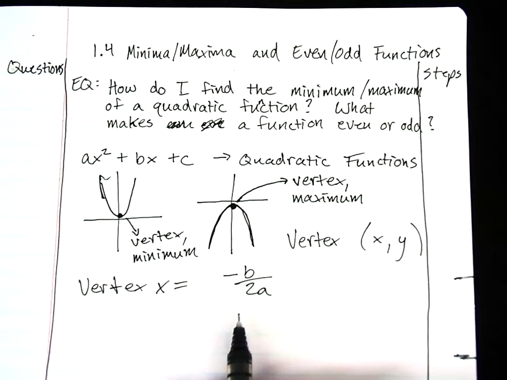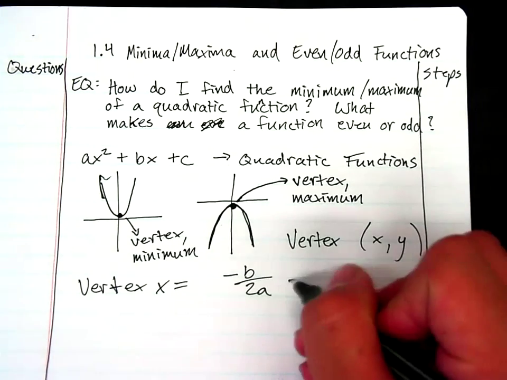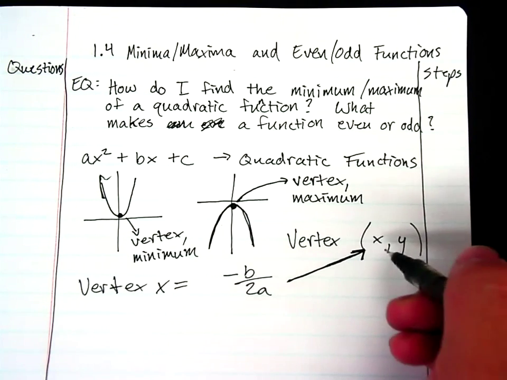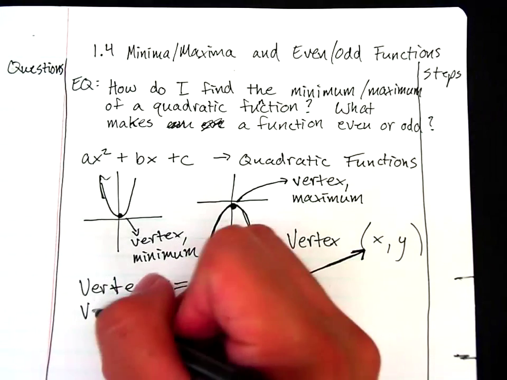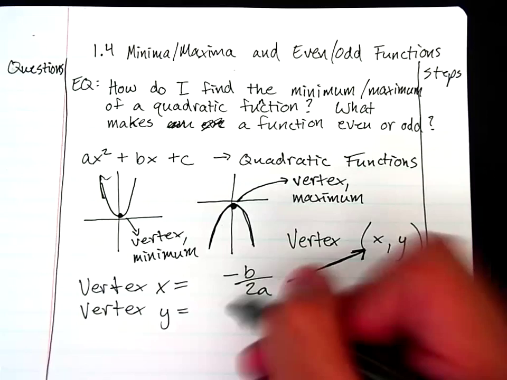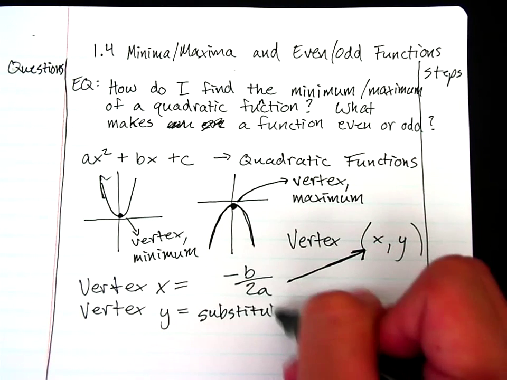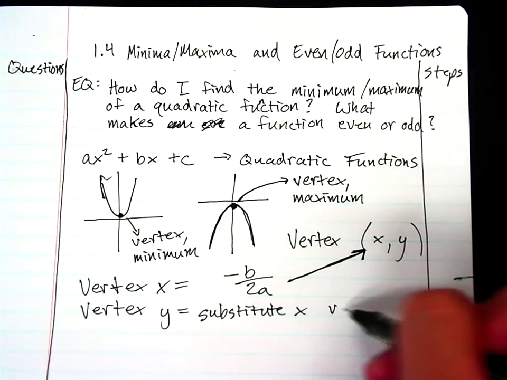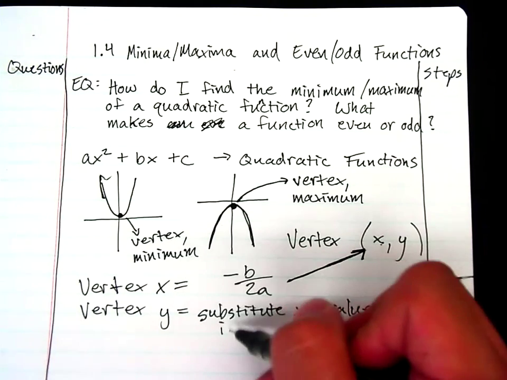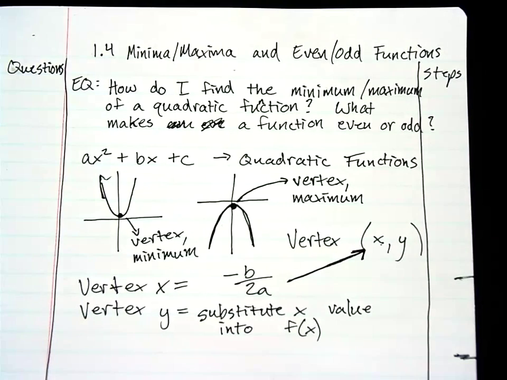Negative b over 2a is for the x value and the x value only. So I'm going to draw an arrow and remind us it's only for the x value. To get the y coordinate of your vertex, you would substitute your x value, the one that you find right here, into the function, and then solve for f of x.